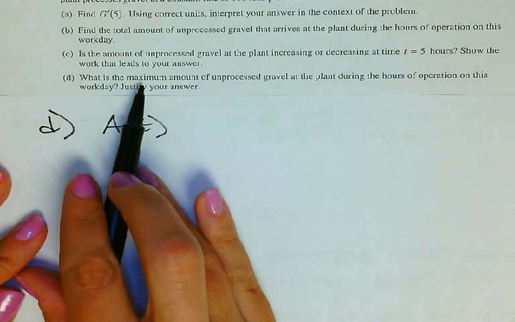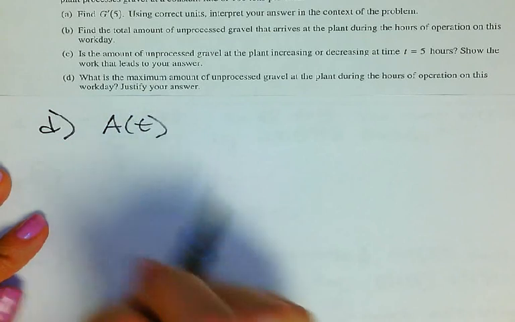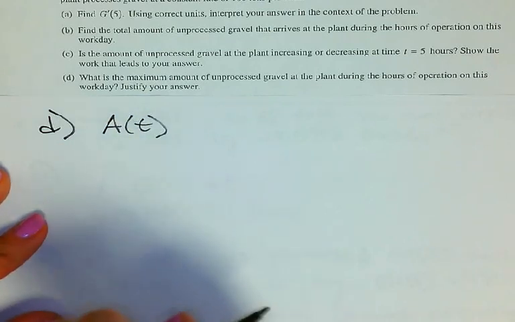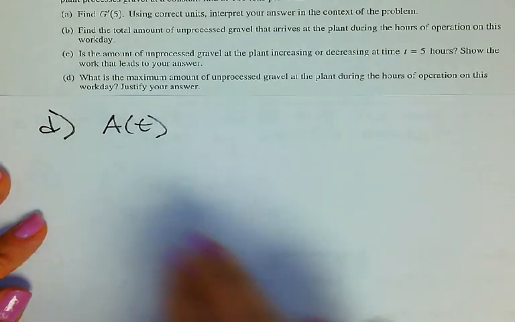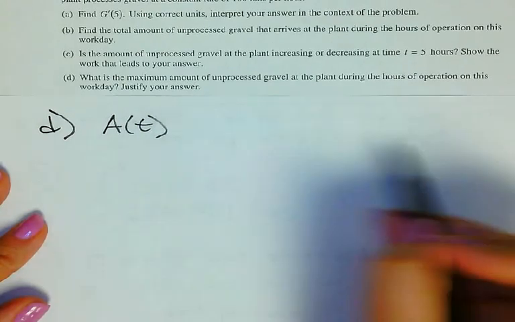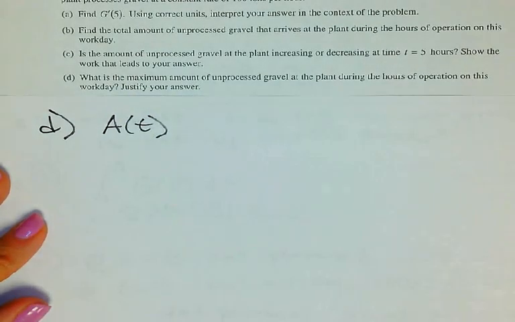And then, since I'm trying to find the maximum, I'm going to have to take the derivative of that equation, because we know that a maximum occurs at a critical value, specifically where the derivative goes from positive to negative. So first I need to come up with an equation, then I need to take the derivative of it, and then confirm that it is indeed a maximum and not a minimum by analyzing that.